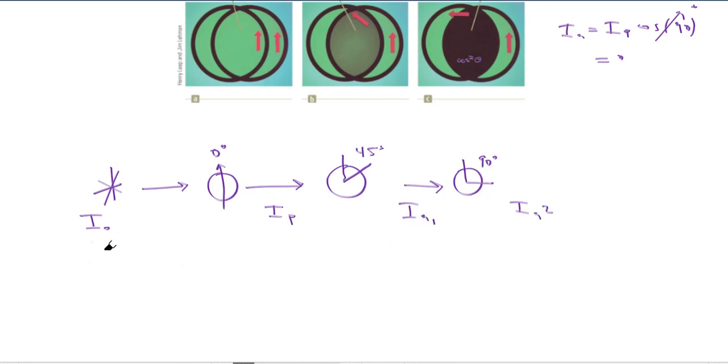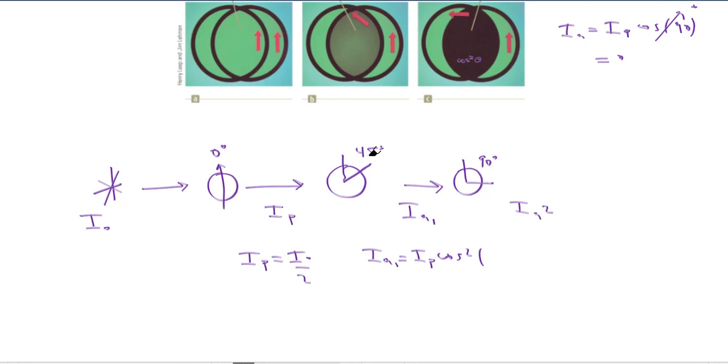Sometimes you're given I naught, and sometimes you're just told it's equal to some intensity of magnitude I naught. So here we already know I_P equals I naught over 2. Now I_A1 is I_P times cosine squared of the difference, and this is the key point, the difference in the angle of the analyzer to the angle of the polarizer.